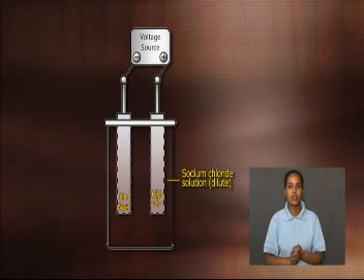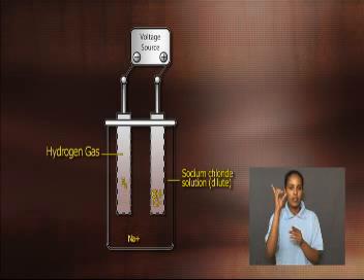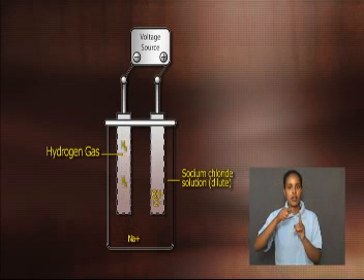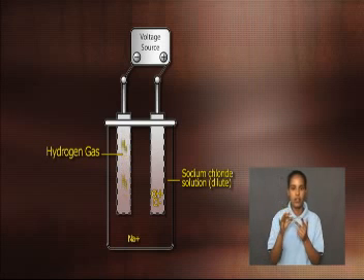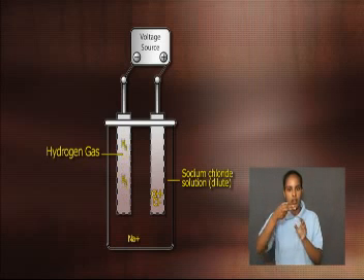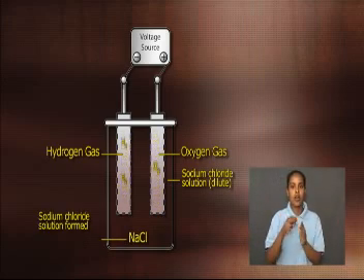Since the concentration of the chloride ions is very small in dilute sodium chloride solution, the hydroxide ions are discharged in preference to the chloride ions. Hydrogen gas is being produced at the cathode, and oxygen gas is being produced at the anode.